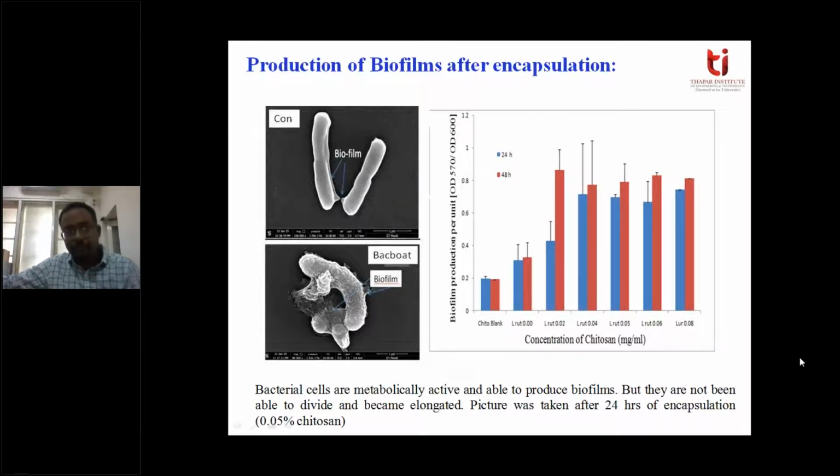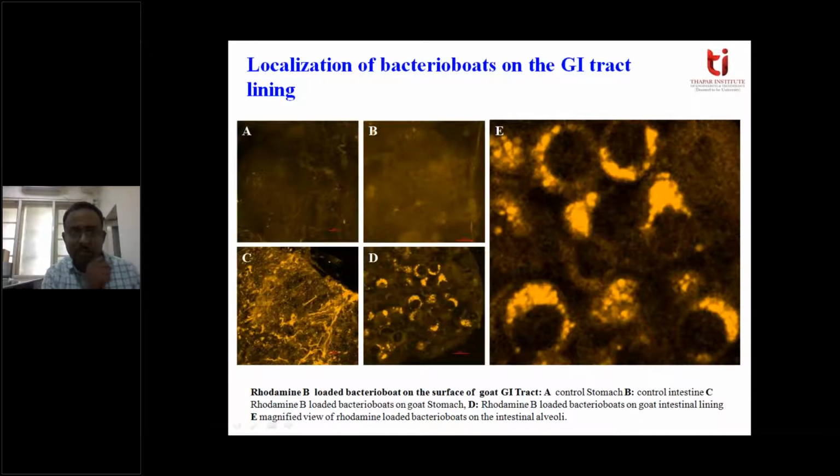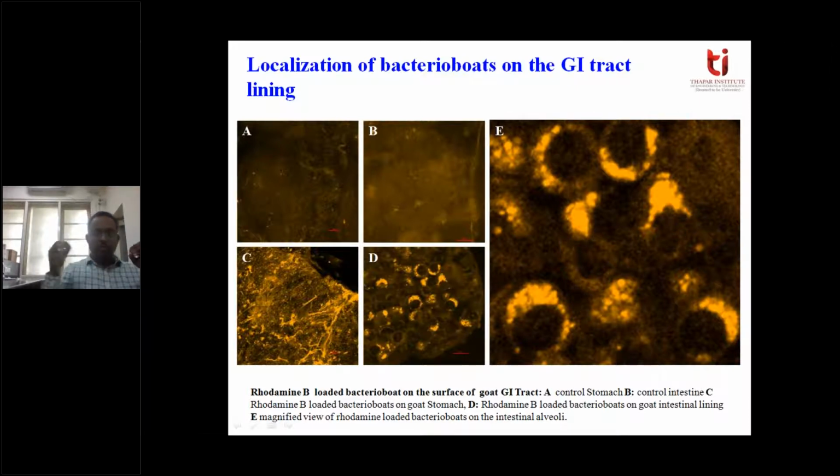Now, as I mentioned, is it actually true that it binds to the intestine and can release drug from there? To test that, we loaded rhodamine in the empty bacterial boat and allowed the rhodamine-loaded empty bacterial boat to interact with freshly separated goat GI tract.